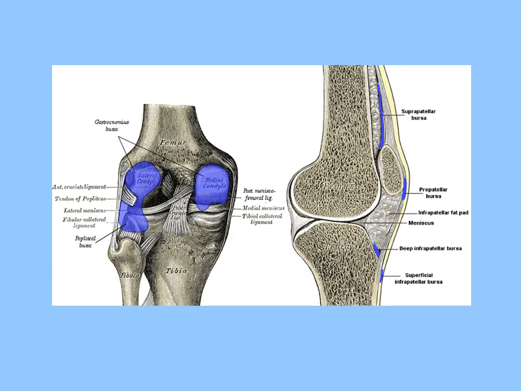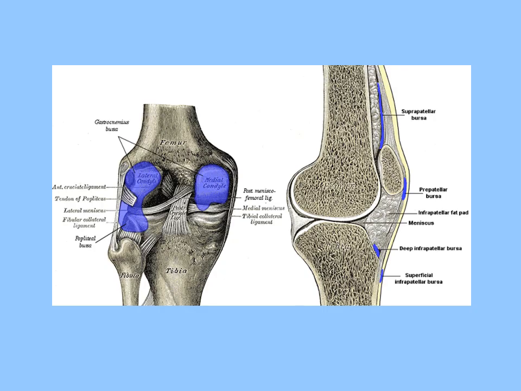Posteriorly, we have the gastrocnemius bursae. There is a medial and lateral gastrocnemius bursa that lies under the femoral condyles, which is also under the medial and lateral heads of the gastrocnemius. On the lateral side, there is a popliteal bursa. The popliteal bursa is often an extension of the lateral gastrocnemius bursa.